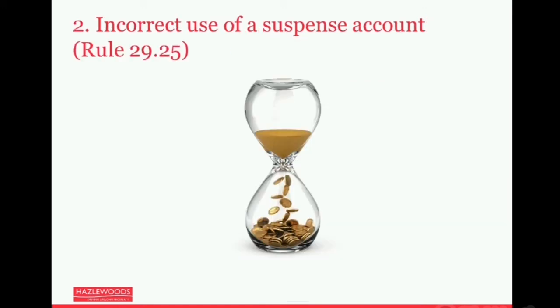The next most common reportable breach that we saw was incorrect use of a suspense account, or Rule 29.25. The rules state that a suspense client ledger account may be used only when you can justify their use. For instance, for temporary use on receipt of an unidentified payment, if time is needed to establish the nature of the payment or the identity of the client.